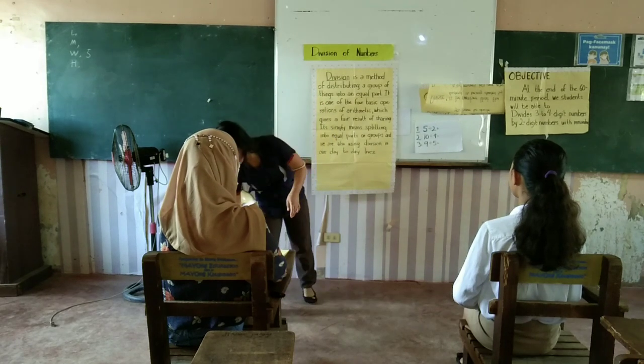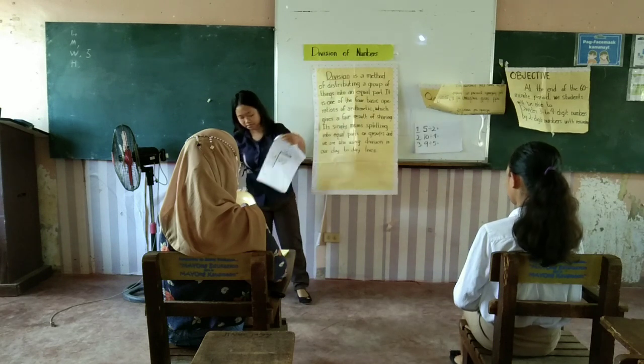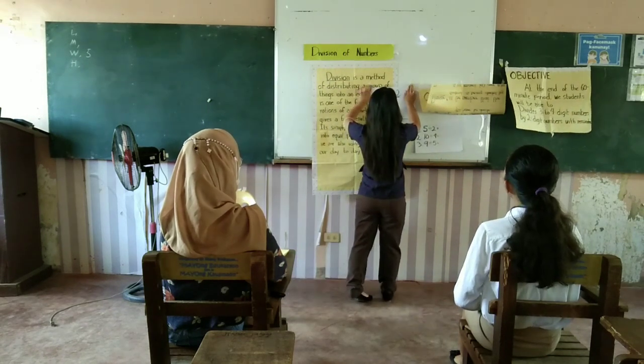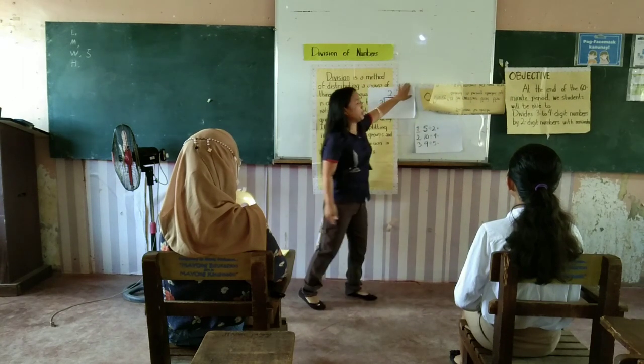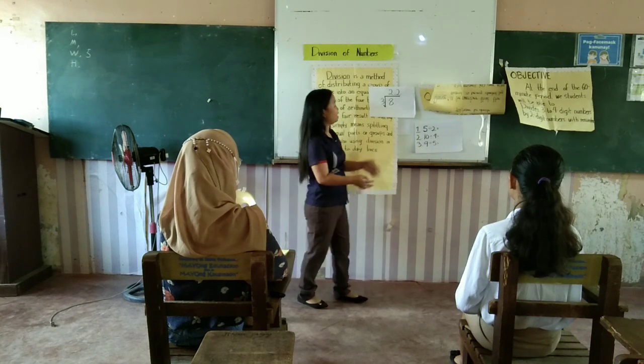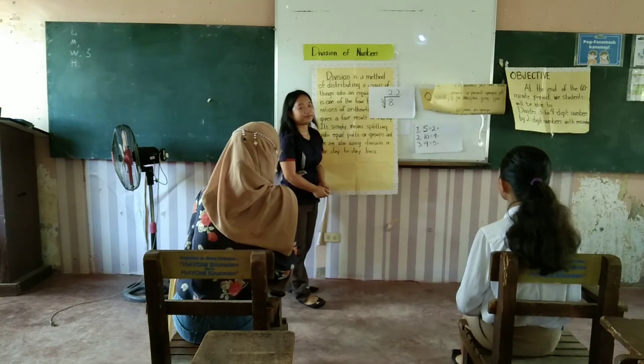I have here a problem. Can you identify where is the quotient, the dividend, the divisor, and the remainder?